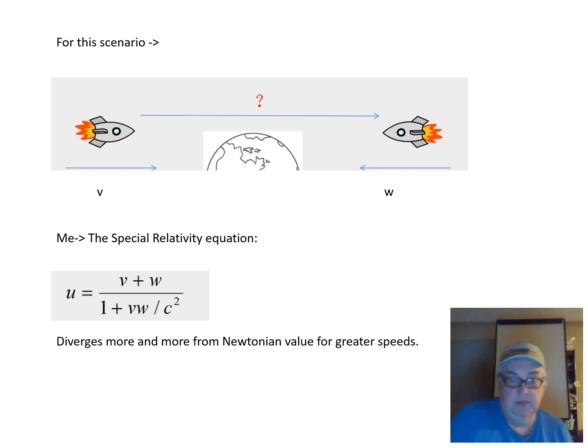So for the situation from special relativity, where it has this equation for relative speed between the two spaceships, that equation diverges more and more from what the Newtonian value would be for greater speeds.